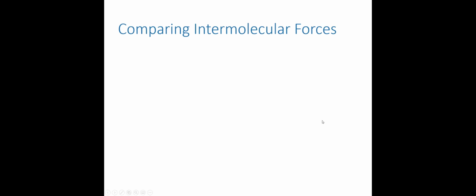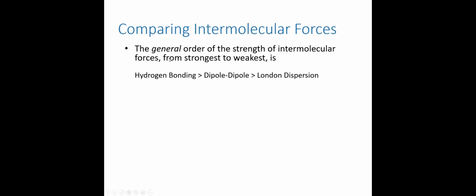So now that we've seen all three of our intermolecular forces, let's go ahead and compare them. So general order of strength, and general means on average, so to speak. It's not always going to be true, but it's going to be generally true for molecules of about the same size.